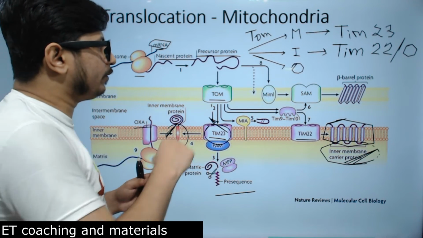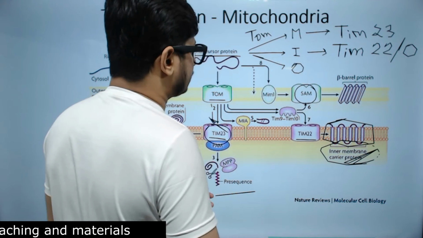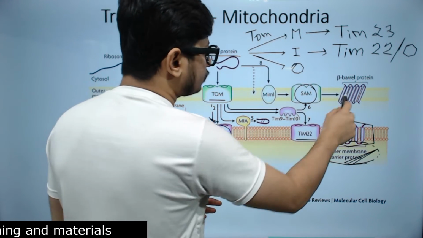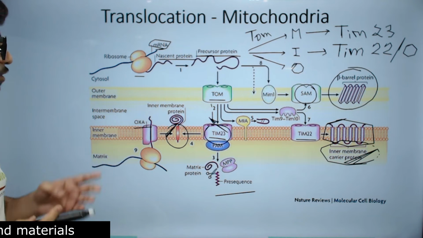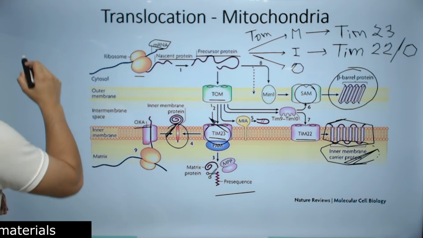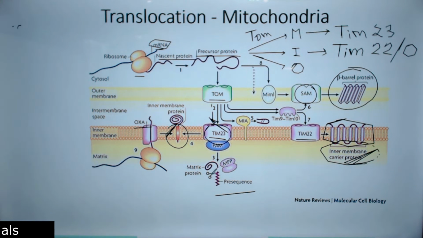And lastly, if you want to deliver a protein to the outer membrane, then use the SAM complex. SAM complex. And then you embed it into the outer membrane. Okay. So this is very important to understand. So the TOM complex is always used. I must write it in here. So next cases. So TOM, TIM23. I'll state this. Take it here.